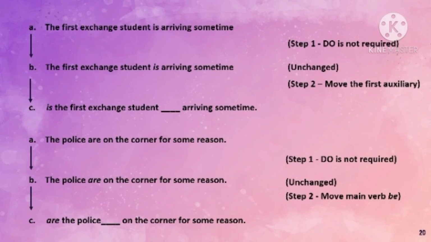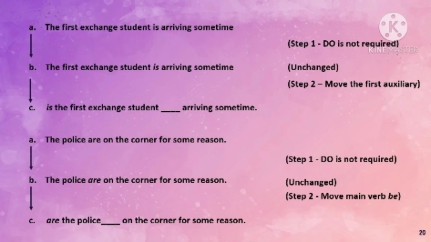We have here a declarative sentence: the police are on the corner for some reason. Same as with the previous three examples, this sentence doesn't also require the word do because we have the main verb be, and our main verb be in this sentence is the word are.